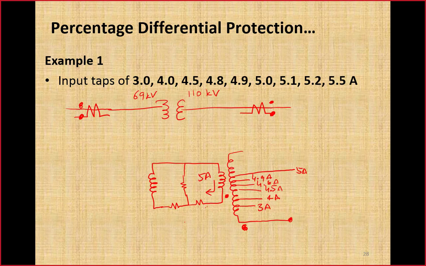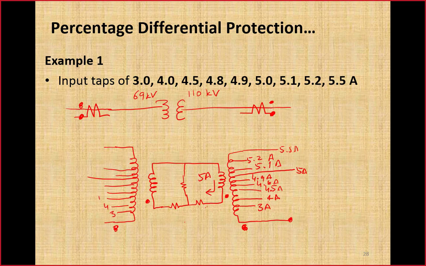Now next again we'll have 5.1 ampere, 5.2, and the final tap position has a rating of 5.5 ampere. So these are the tappings available. The same is the case on the other side. This is the reference end. So the number of taps: 3, 4, 4.5, 4.8, 4.9, 5, 5.1, 5.2 and 5.5.